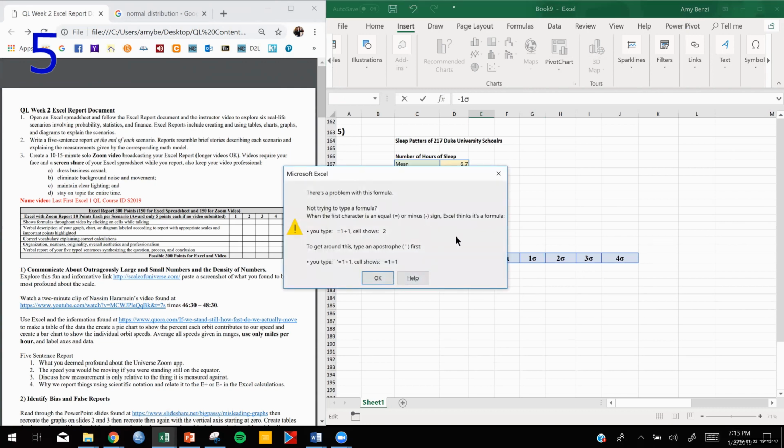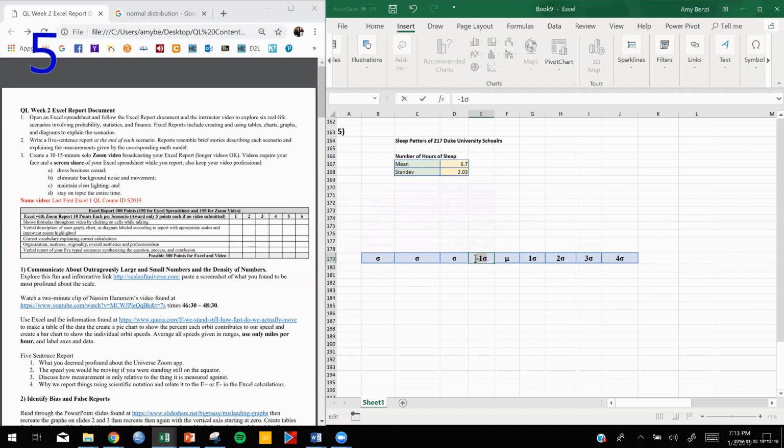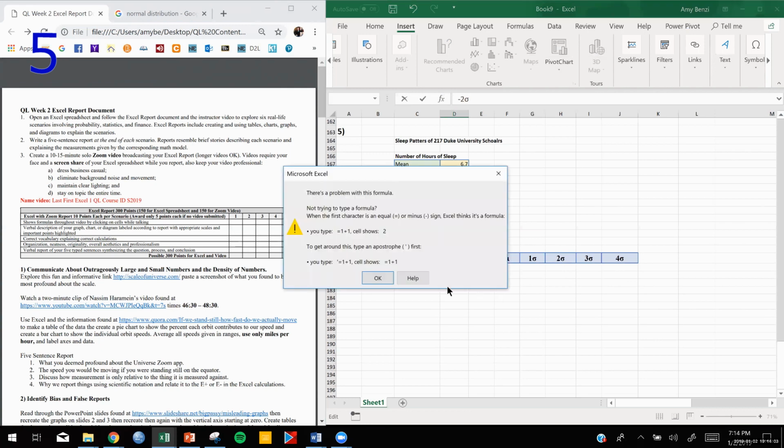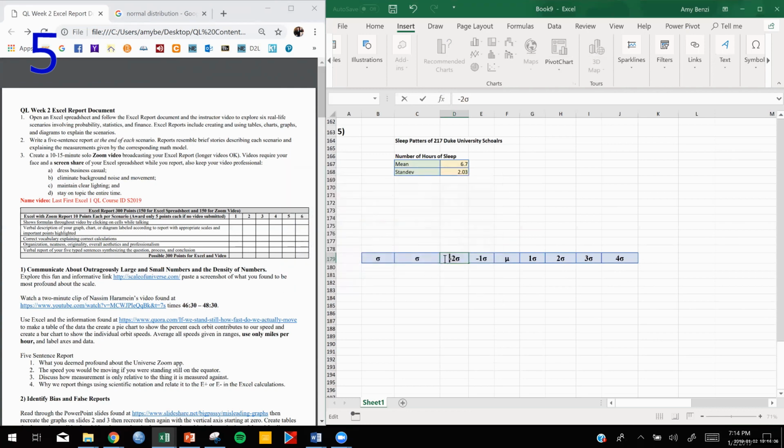So anytime this happens, and it does happen, all I have to do is put an apostrophe and hit enter, and now it knows I'm not trying to do anything special. So I'm going to have to put an apostrophe every time I use a negative sign. And believe me, it takes a long time to Google all that stuff when you don't know it, so be happy. All right, so now I have my 4th standard deviation.